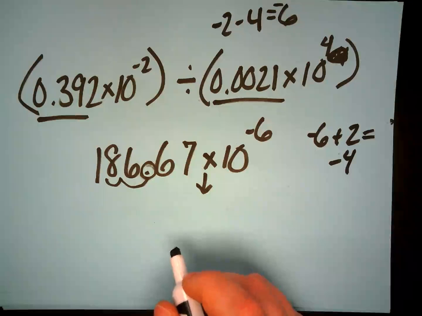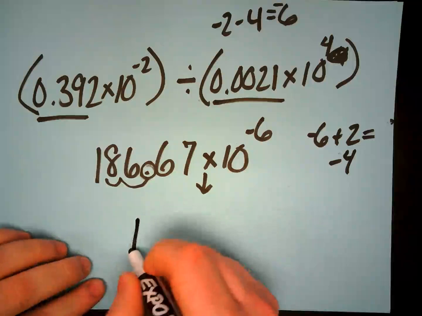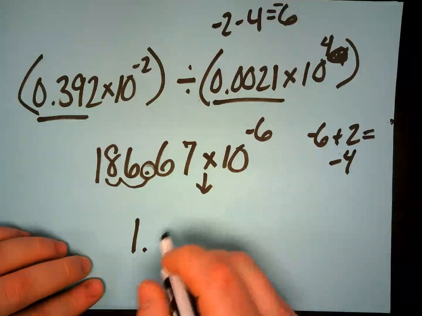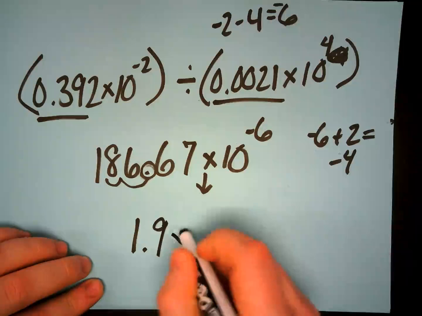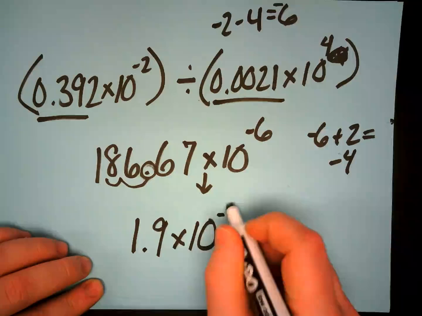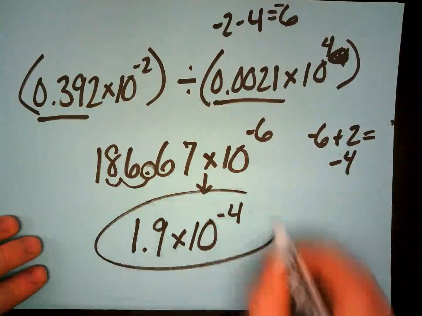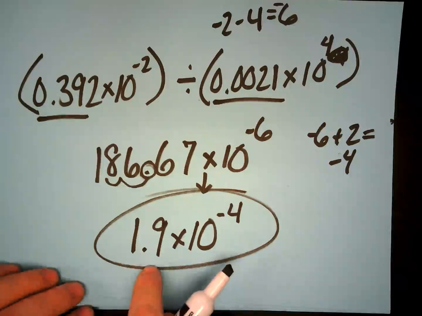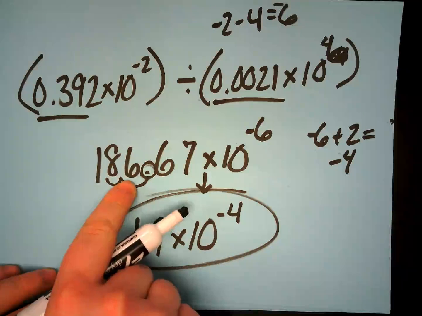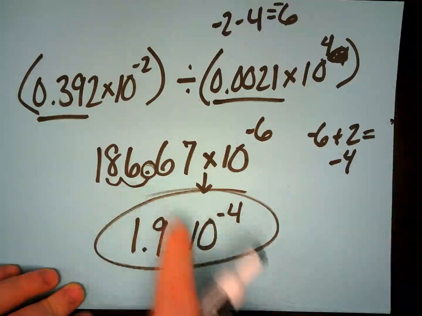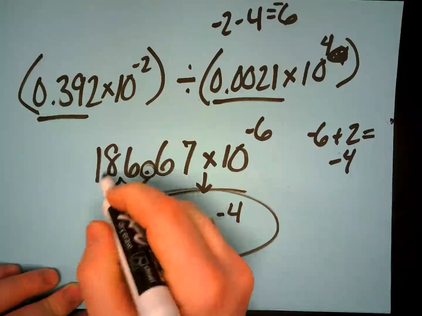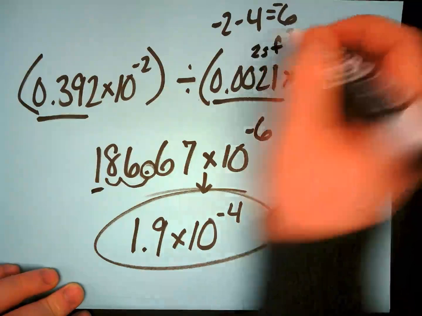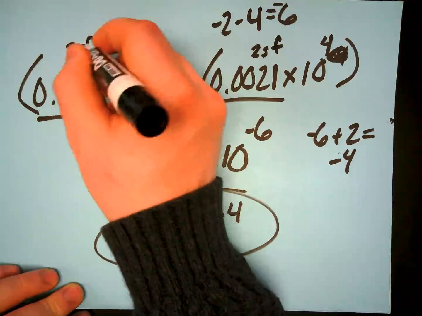And so our final answer here is going to be 1. Oh, and also to keep sig figs, I'm going to do that at the same time too. We're going to have 1.9 times 10 to the negative 4th power. And that would be our answer. So I got 1.9 because as I was putting it into correct scientific notation, I need 2 sig figs because there's 2 right here, and there's 3 over here.